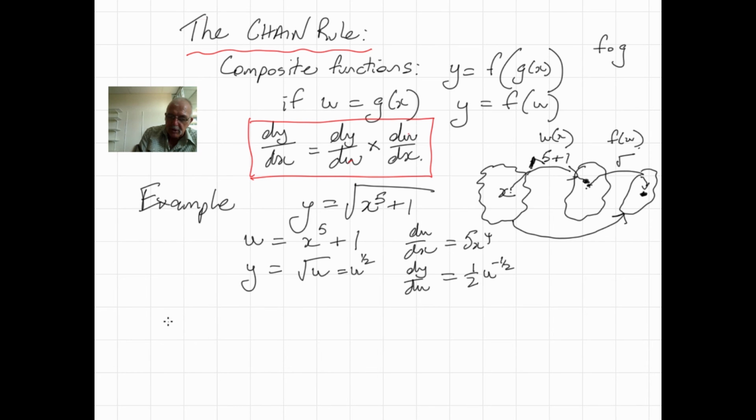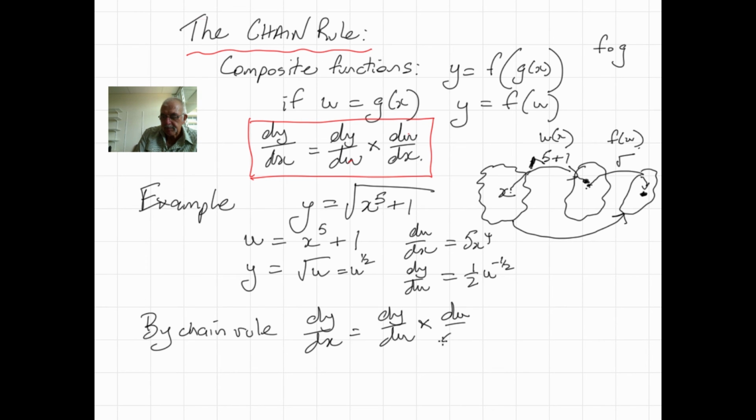So I can quote the chain rule: dy dx equals dy du times du dx. It's a matter of now substituting in. dy dx is equal to half u to the minus a half times du dx, which is 5x to the fourth. Now we do a back substitution. What is u equal to?